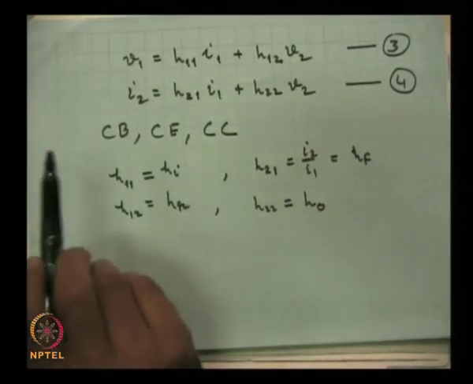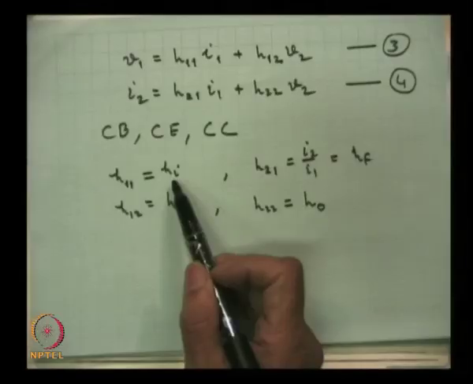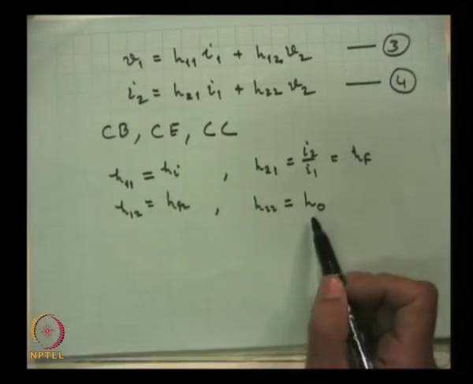For example, earlier in the beginning we talked about admittance parameters or impedance parameters. All the 4 parameters were either impedance parameters or admittance parameters. Here the hybrid nature becomes clear that HI is the impedance and HO is the admittance.